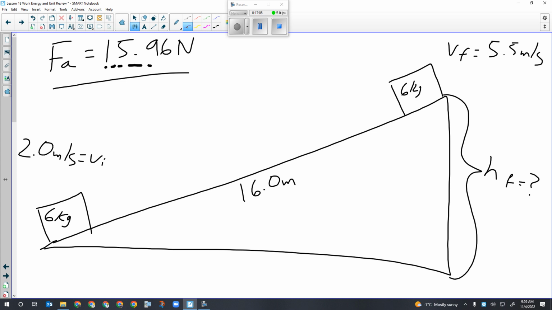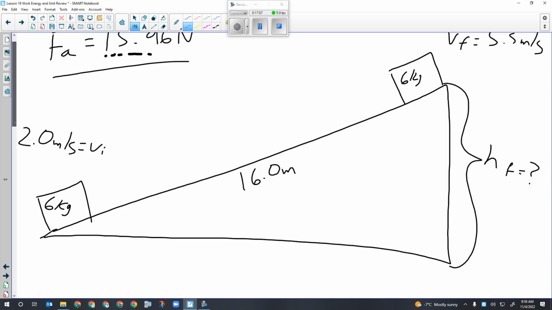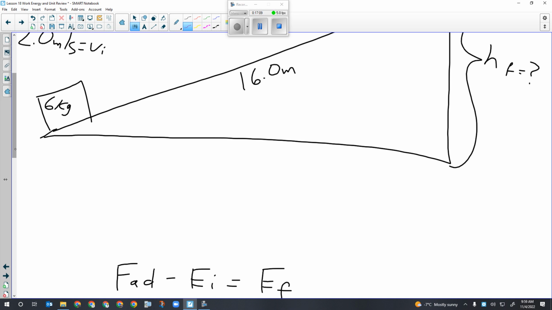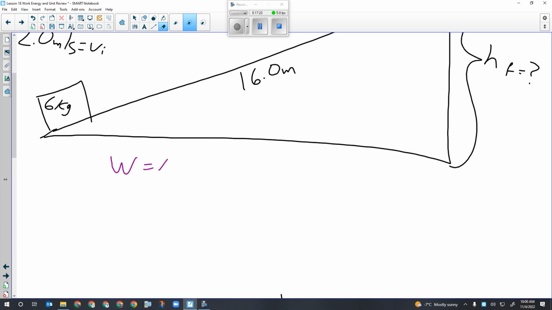All right, so what I need to do is, as we always do, set up the work energy theorem. I'm just going to delete this down here. Don't need that yet. All right, and I'm going to say that work is a change in mechanical energy.